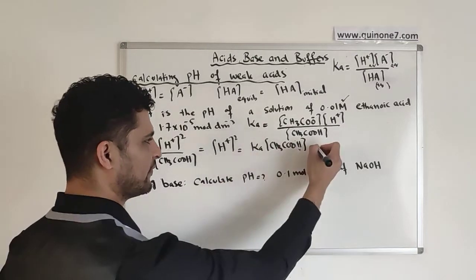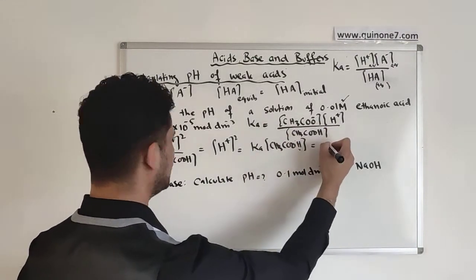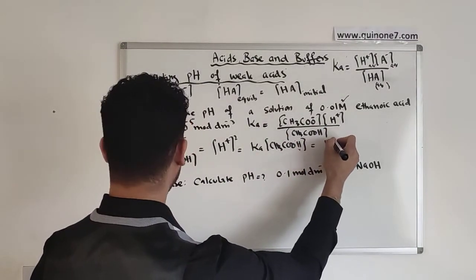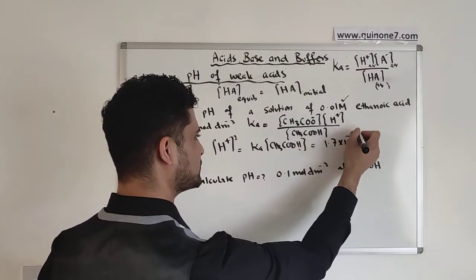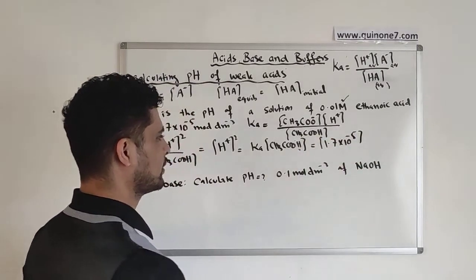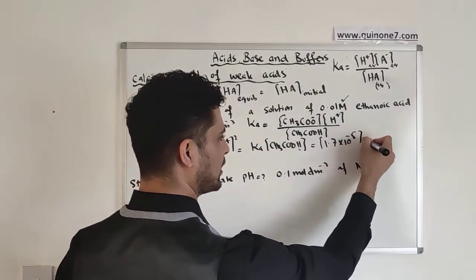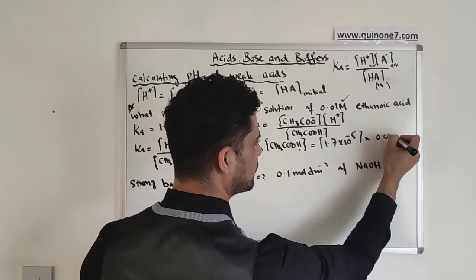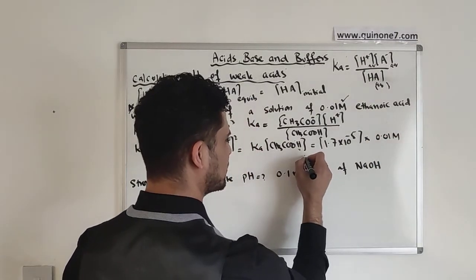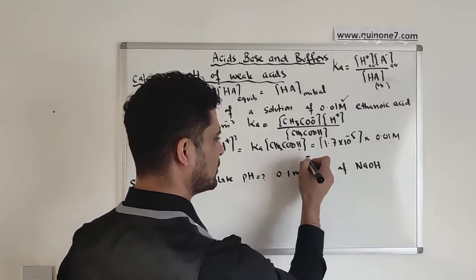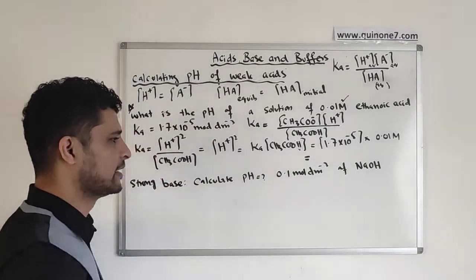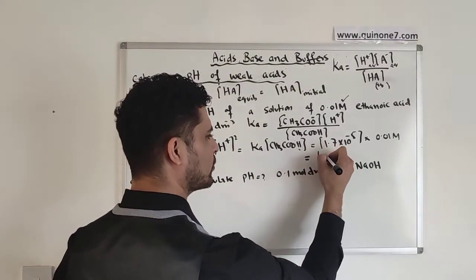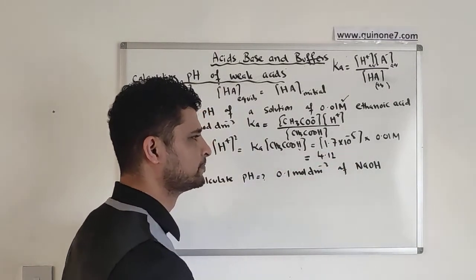Once you find the value, Ka is obviously 1.7 times 10 to the power minus 5, and you multiply it by the 0.1 molar solution, which is 0.01 mole, and it will come here as 4.12.